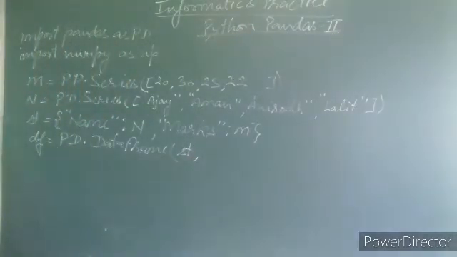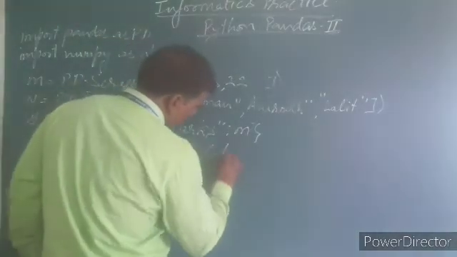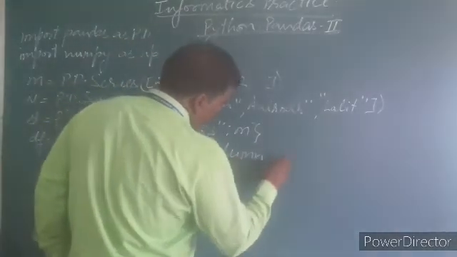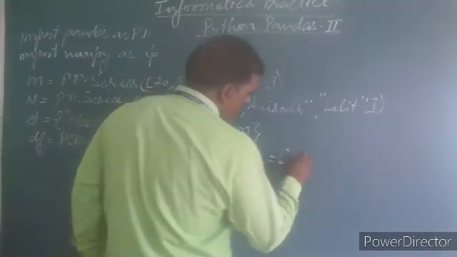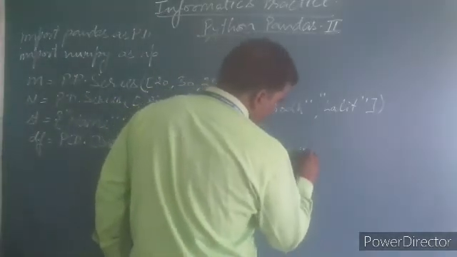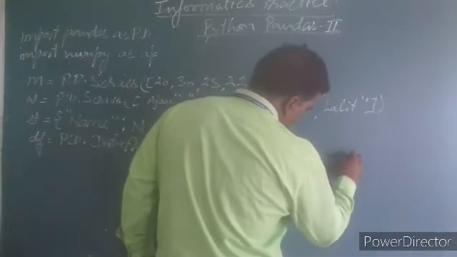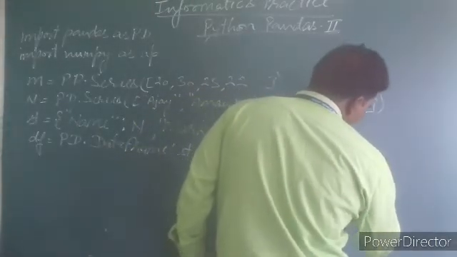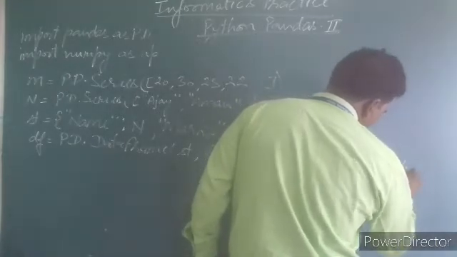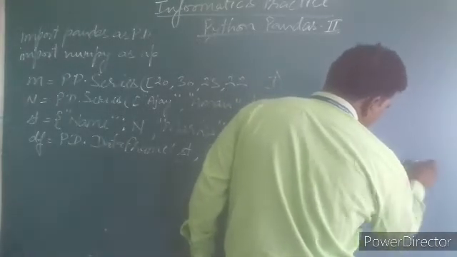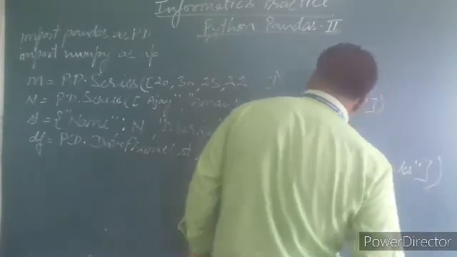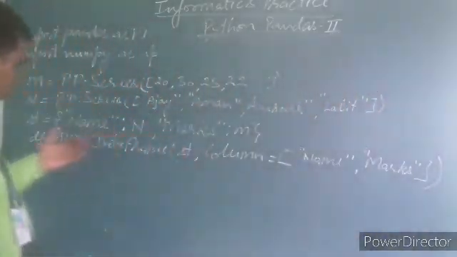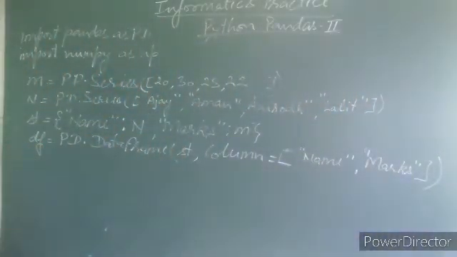So we write columns equals to, one column is name, another column is marks, then the structure can be framed with the data frame.